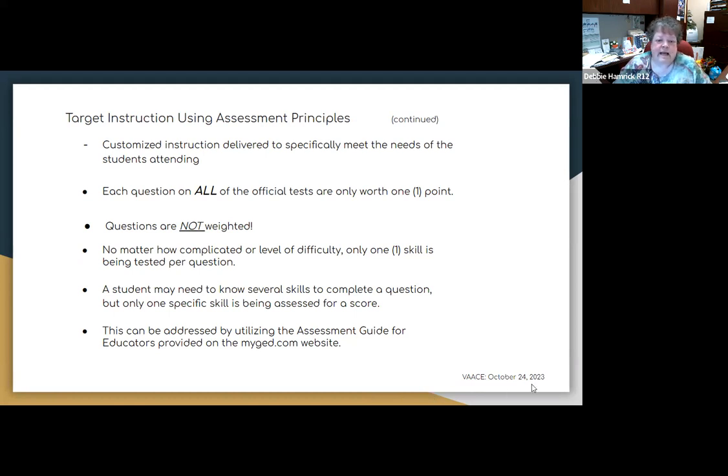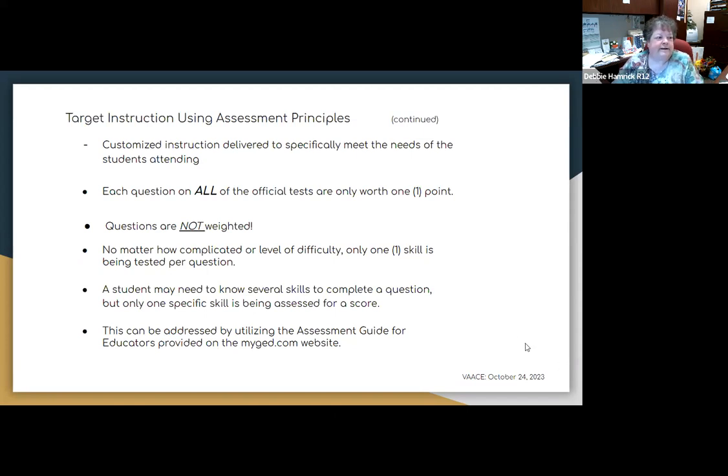Can I get you all to do a show of hands to tell me how many of you are familiar with the assessment guide? Some kind of note on your hand up, or smiley face or something. Okay. All right. So hopefully we'll be sharing some information with you.